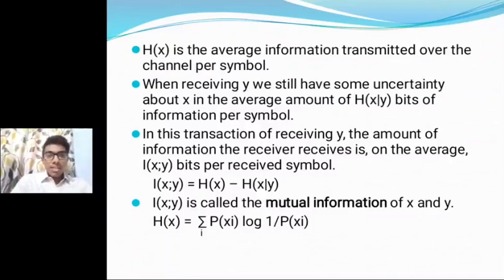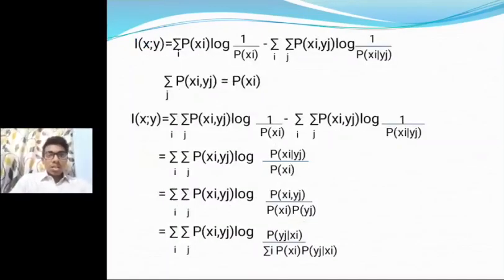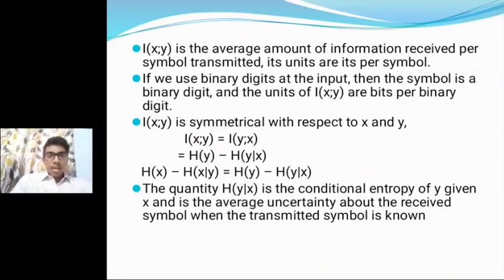Here the negative H(X/Y) is the uncertainty caused by noise being present, and H(X) is the information when noise is not present, where I(X;Y) is the mutual information between X and Y. Putting the values of H(X) and H(X/Y) in the above equation, we get the summation expression. I(X;Y) is the average amount of information received per symbol when it is transmitted. Its units are bits per symbol.